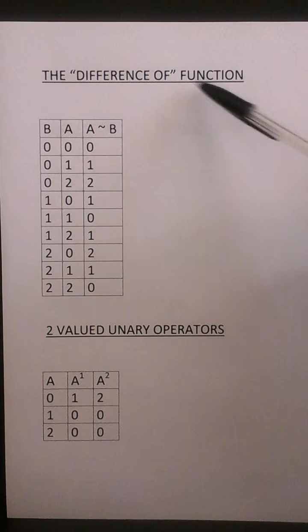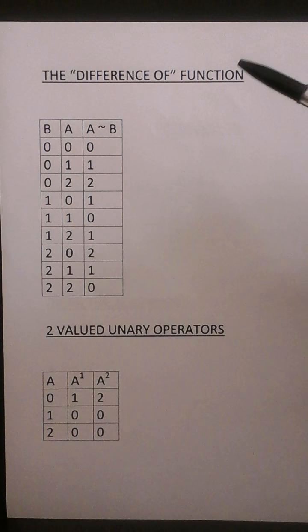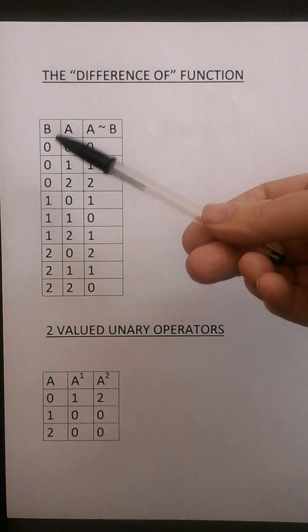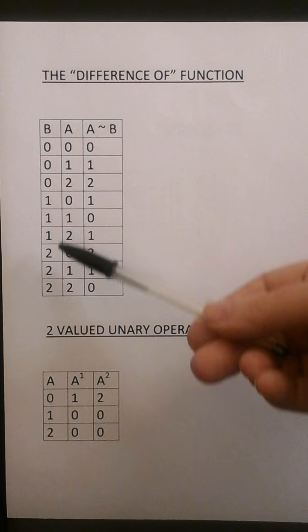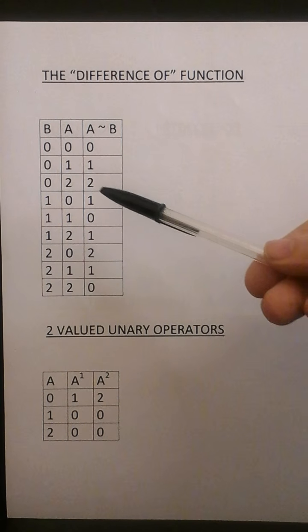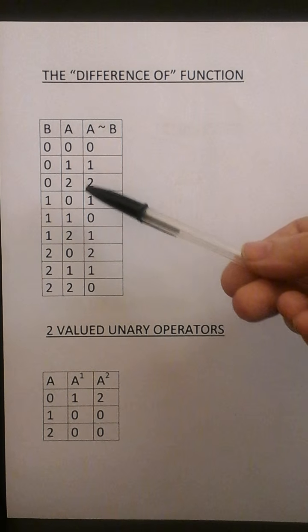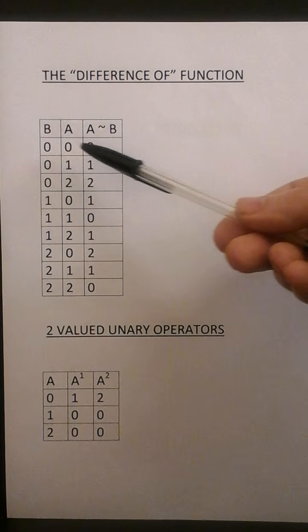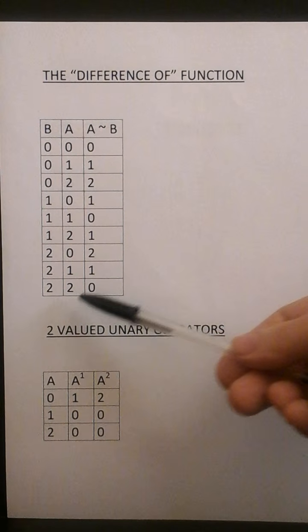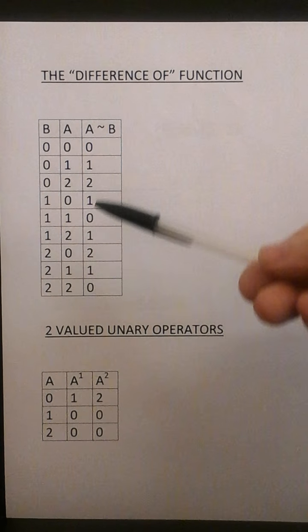Here we have the difference of function. Now I've put this function in only because it's useful for one purpose. The output gives the difference of whatever is on its inputs. It's only a 2-input function. So why do it? Well, for a start, it's useful for comparing when the inputs are equal, because in each case the difference will be 0.